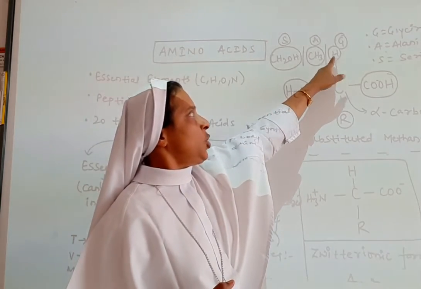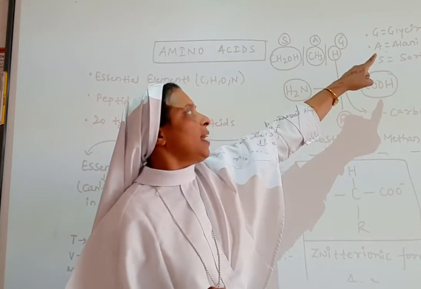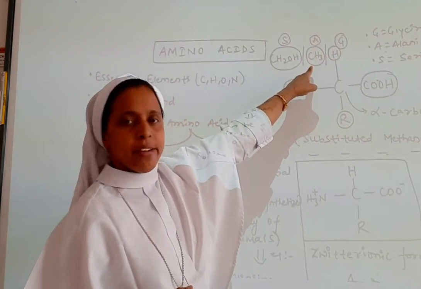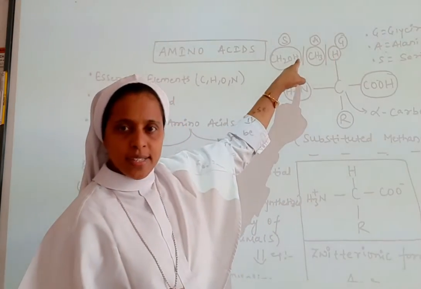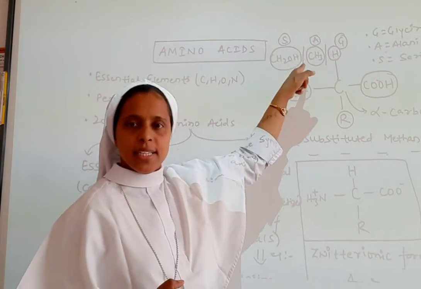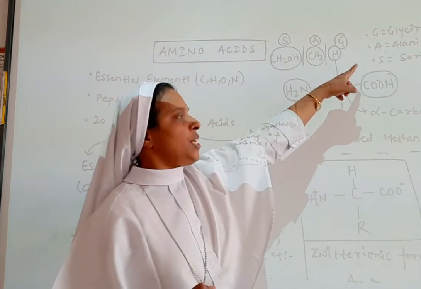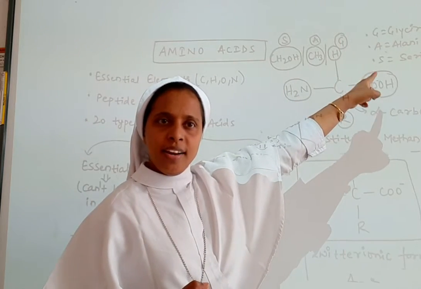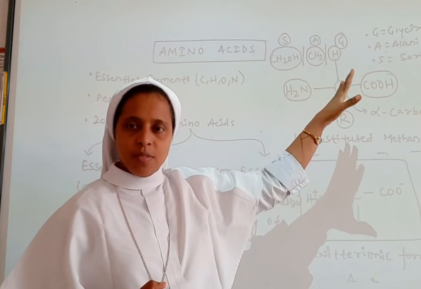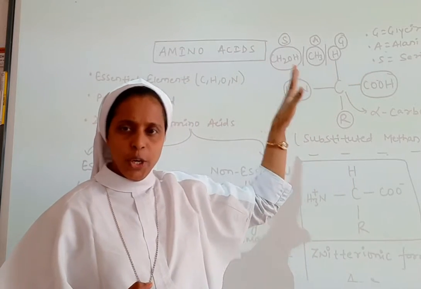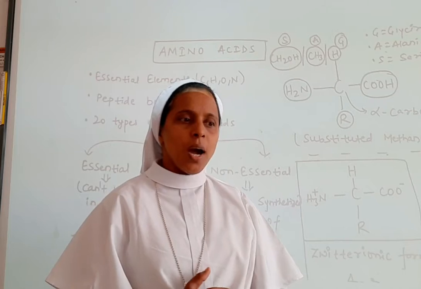And where H is attached, that is glycine. Where CH3 is attached, that is alanine, and CH2OH is attached, that is serine. So G for glycine, A for alanine and S for serine. So these are the three types of amino acids. This is very, very important when we learn about the amino acids.